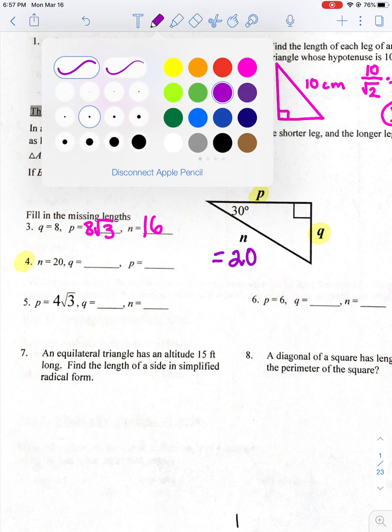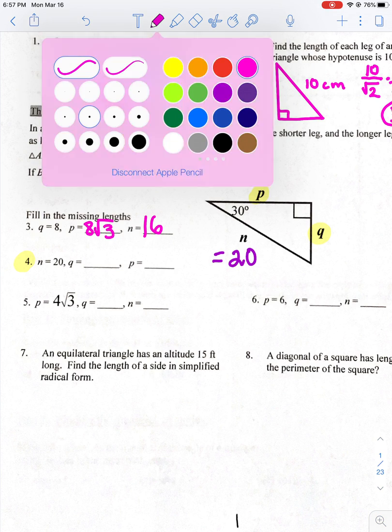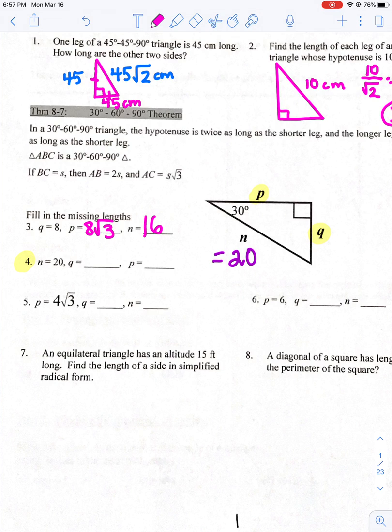And so if I am not given the short side, what I want to do is make sure I find the shortest side. Okay, and to get from the hypotenuse to the shortest side, I would, rather than multiplying, divide by a factor of 2 and get a value of 10.